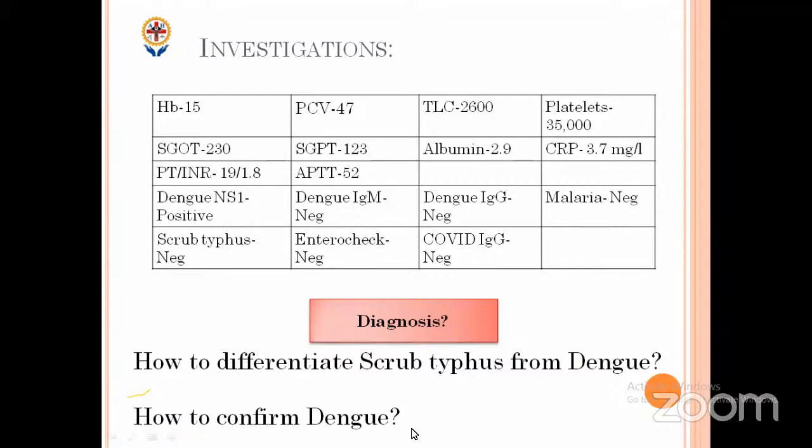What percent of scrub typhus will have an eschar? A morbilliform rash will be there in dengue. Yes. 10, 30, 50, 70, four options. 30, sir. Yes, it's only 30%. So if an eschar is there, it is highly likely scrub typhus.